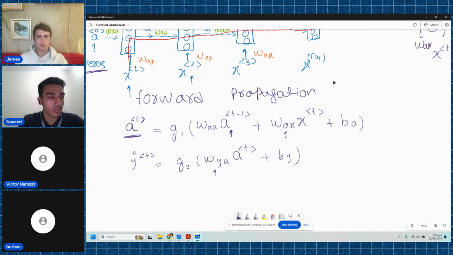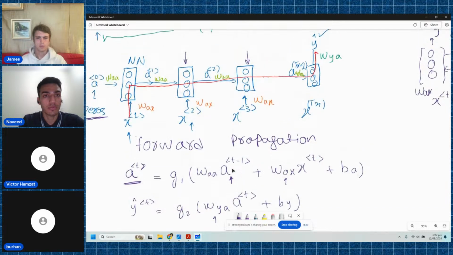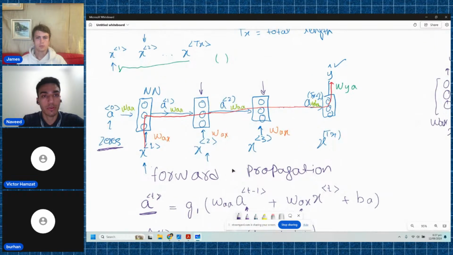Suppose I'm interested in figuring out the derivative or the gradient of the loss function with respect to some of the hidden weights, let's say WAA, or let's say WYA. How would I do that? First, let's say we are using this network for forecasting.